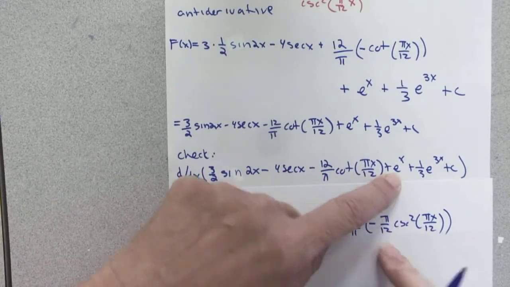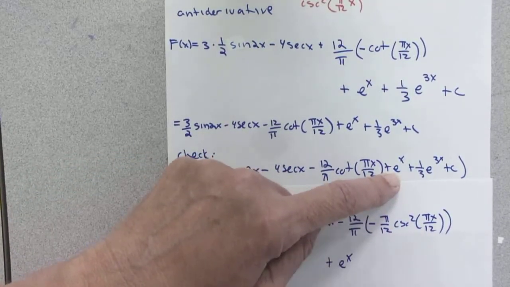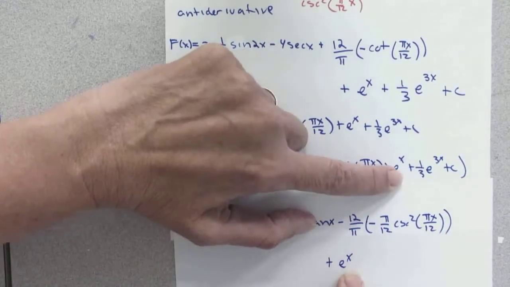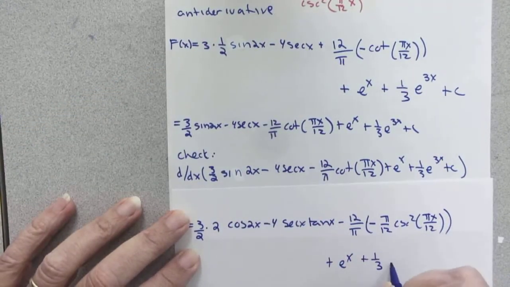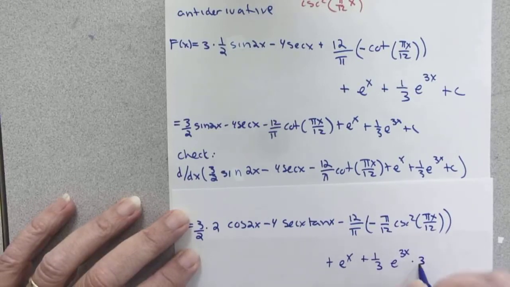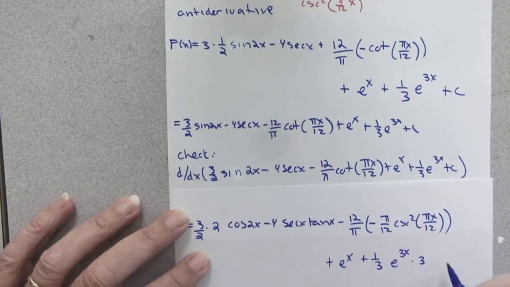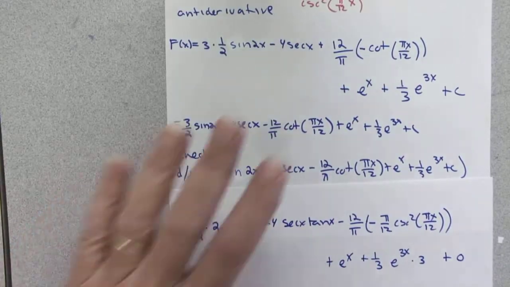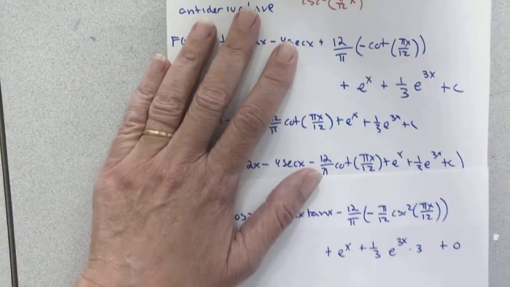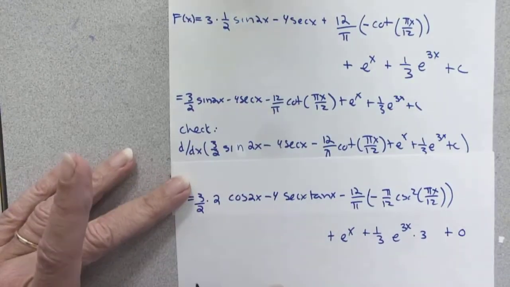And dropping down because I'm running out of room, so I'm up to here. The derivative of e to the x is e to the x. And then I'm here. That 1/3 is just going to stay there. Then e repeats, derivative of the exponent, and very technically, the derivative of that c on the end is 0. And let's make it look prettier.